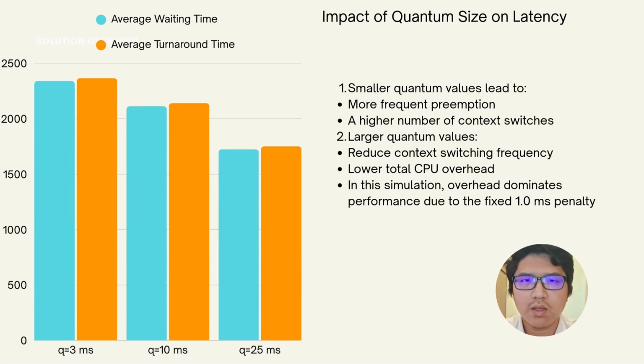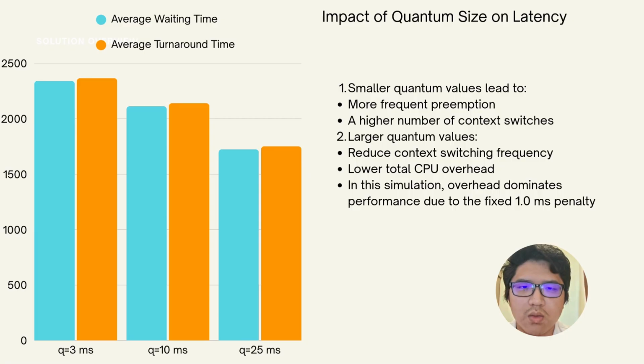The bar chart visualizes the impact of time quantum size on system latency, specifically average waiting time and average turnaround time. Traditionally, we might expect a smaller quantum such as 3 milliseconds to reduce waiting time and improve responsiveness. However, the results here show the opposite trend. The smaller quantum of 3 milliseconds actually produces the highest waiting and turnaround time, both exceeding 2300 milliseconds.